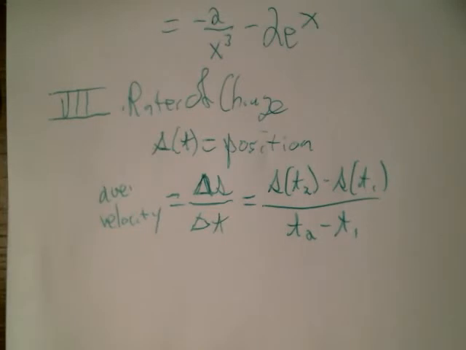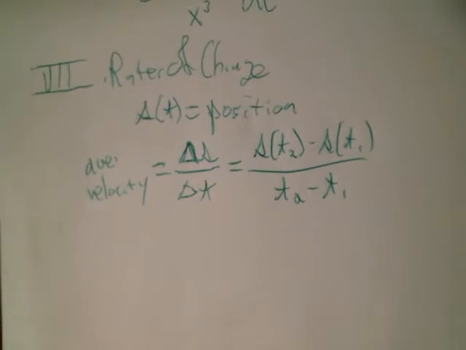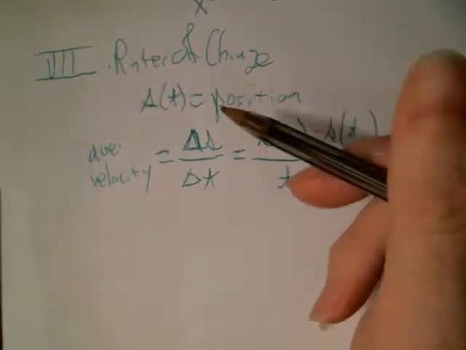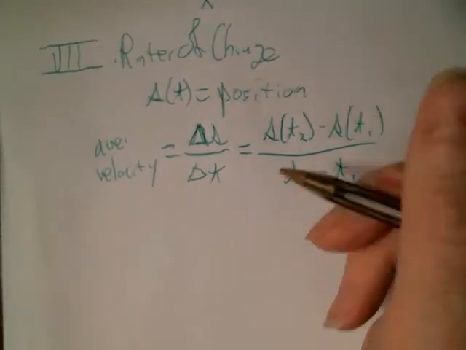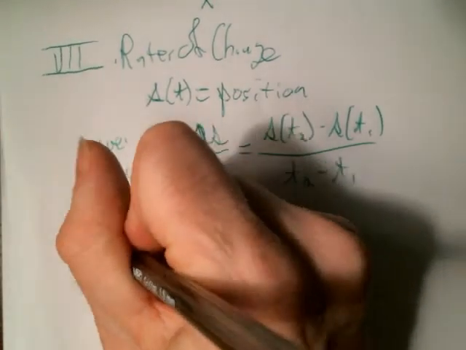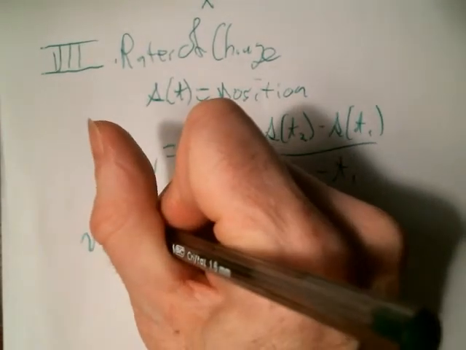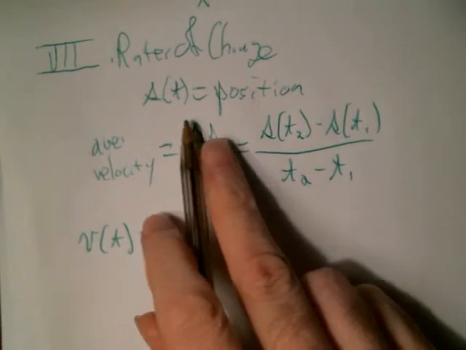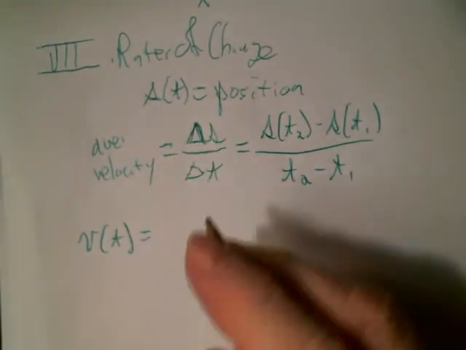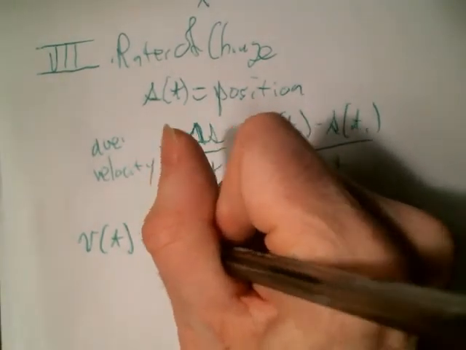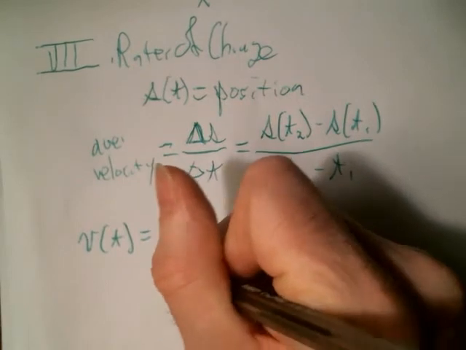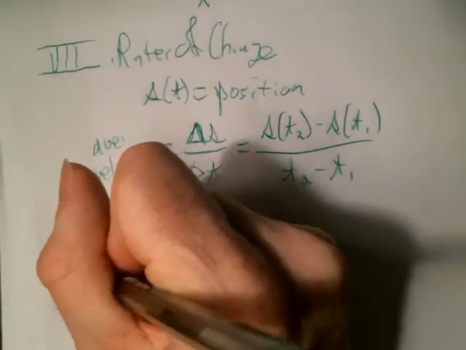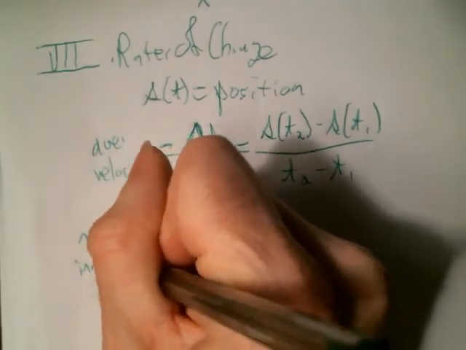Okay, so anyways, then we have this relationship between the position function and the velocity function, and the velocity function can be found by just taking the derivative of this. Of course, the velocity function will be the limit as change in t goes to 0, and this is instantaneous velocity now.